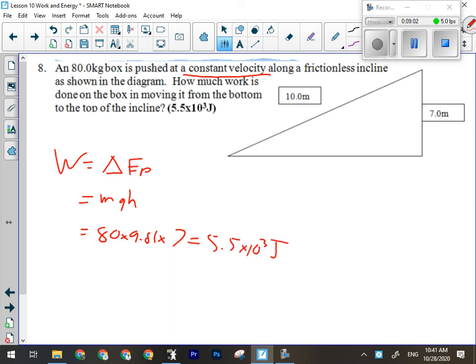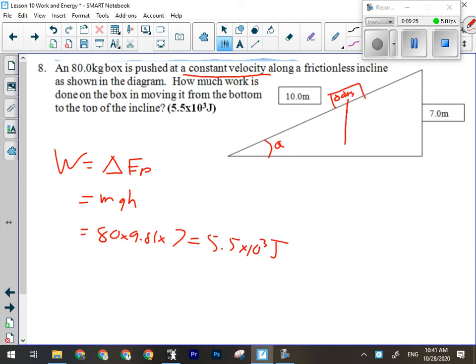How long does that take? Super quick, right? It's one calculation, and I don't even have to manipulate to do it. It's just plugging in numbers. But if I do this using forces, I can still get that answer, but I have to calculate the angle using the hypotenuse and the opposite side. I need to put a box on here that's 80 kilograms.